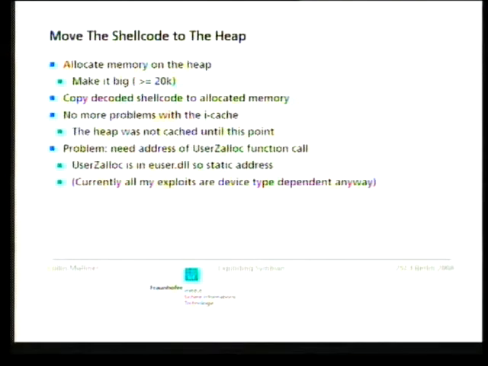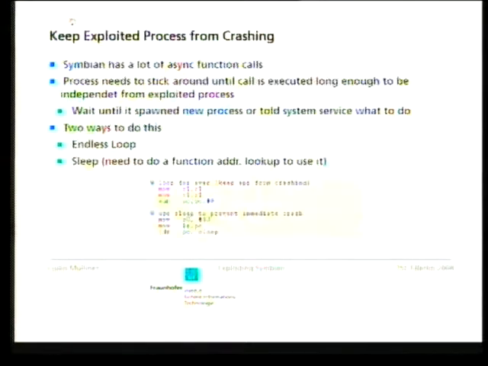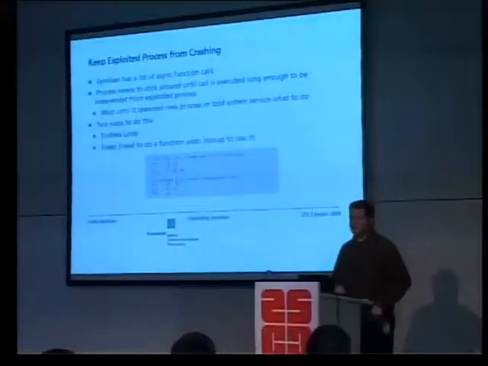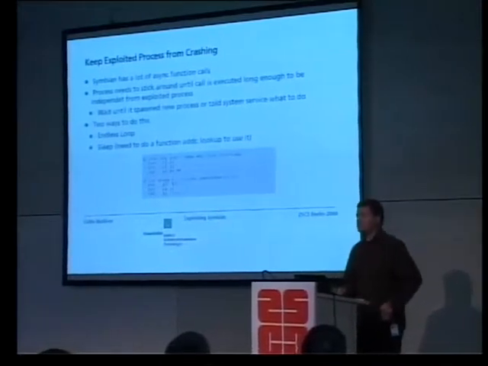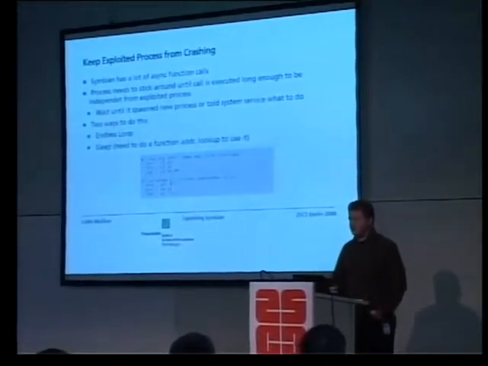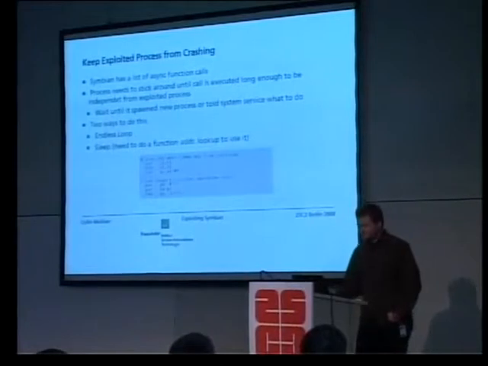I have a lot of slides, so I'm going to skip these two things. So the Symbian operating system is very, very asynchronous. Many calls do not block. So you just start something like a phone call, and then you have to wait for a signal that it's done.